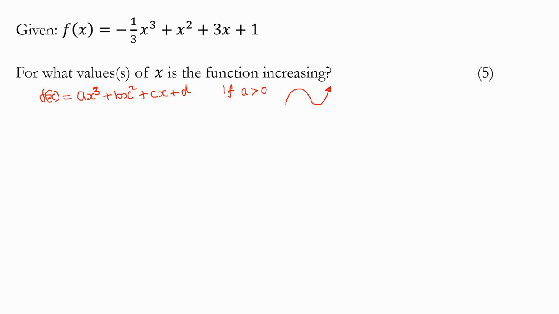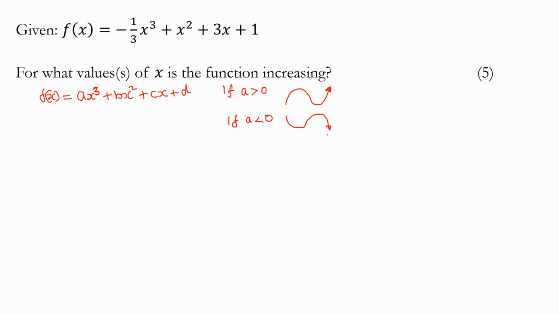And if a is less than 0, meaning a is negative, then the graph is going to be shaped like this. You see that the last part there is pointing downwards.